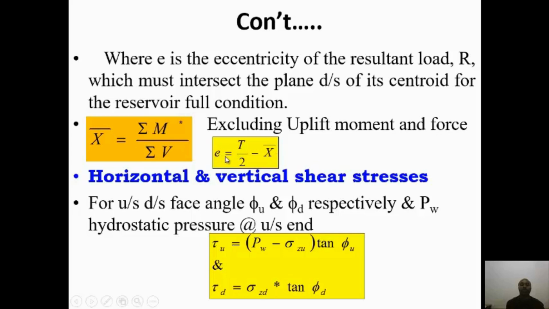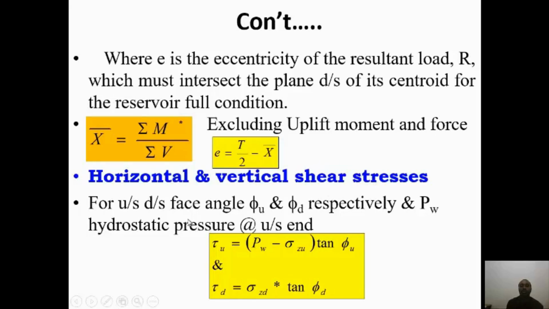Once you find eccentricity, if it is more than T over 6, one sixth of the base dimension, then the vertical stress is negative, which means tensile stress is developed on the upstream face of the dam. So eccentricity should be less than T over 6. The resultant should pass within the middle third of the base contact.